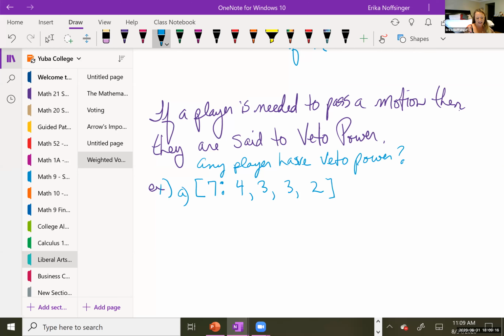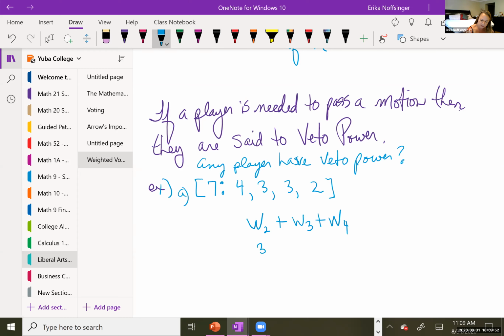Usually for the person with the veto power, you're going to first look at the person with the largest amount of power. If they don't have veto power, that means nobody else is going to have veto power. So we want to see, is it possible for the players to win without player 1, the one with the most power? If I look at the weight of player 2 plus the weight of player 3 plus the weight of player 4, is that bigger than my quota?